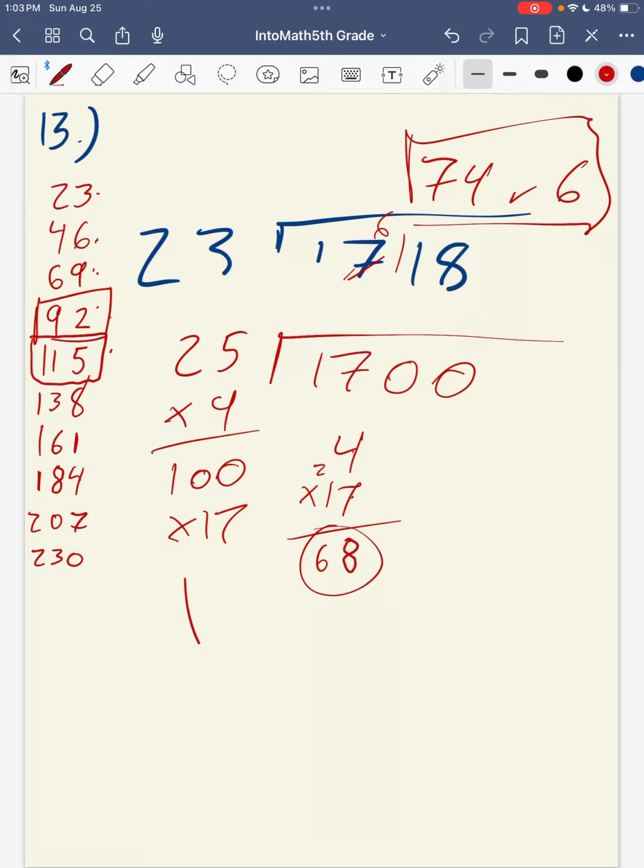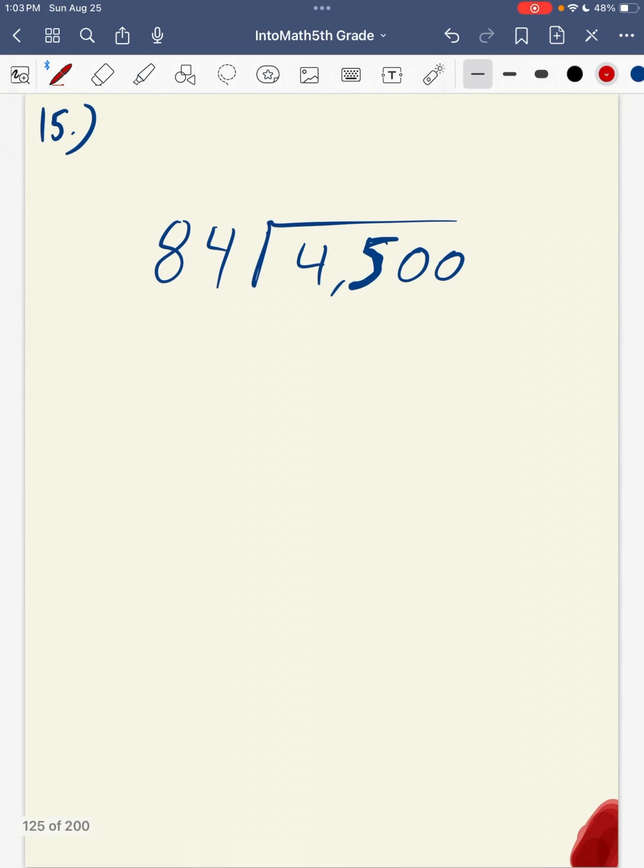So we estimate 68. We have an actual of 74. I think this is reasonable for problem number 13.